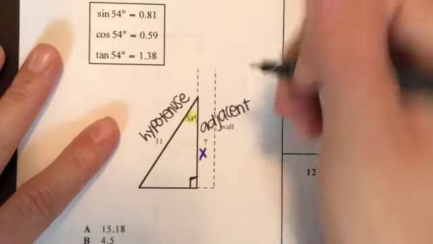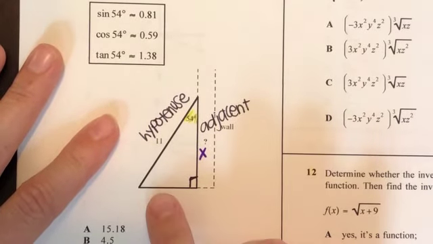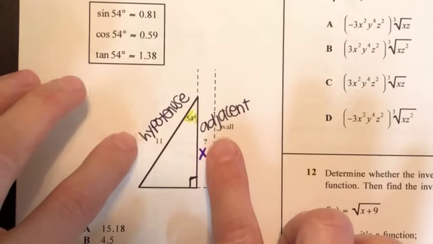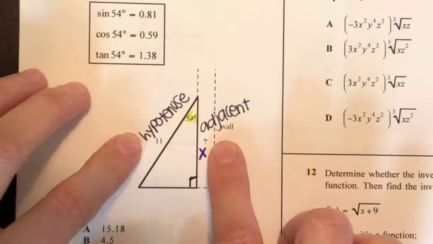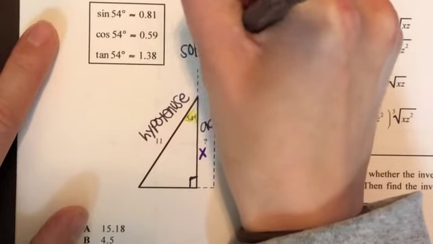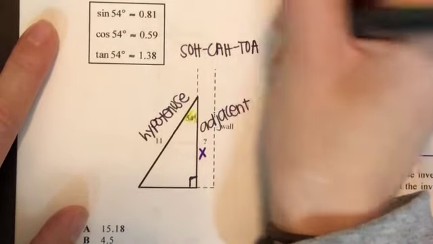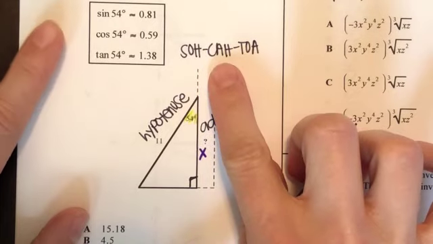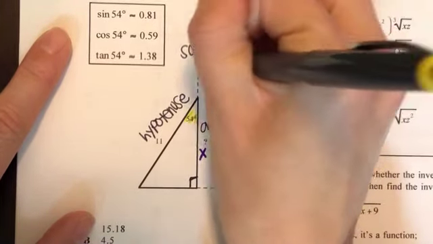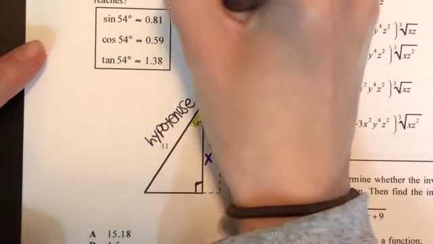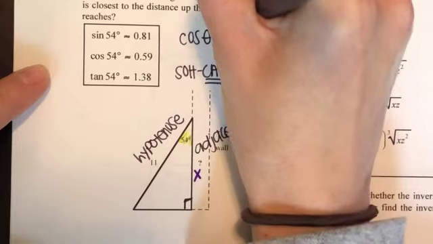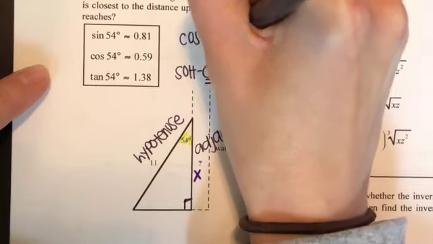Since we don't have an opposite, we're going to focus on having the adjacent and hypotenuse as the sides we're going to use to solve. So remembering SOHCAHTOA, we want to use the cosine function because we have adjacent and hypotenuse. I can write that up here just so everyone remembers. Cosine of theta is equal to adjacent over hypotenuse.